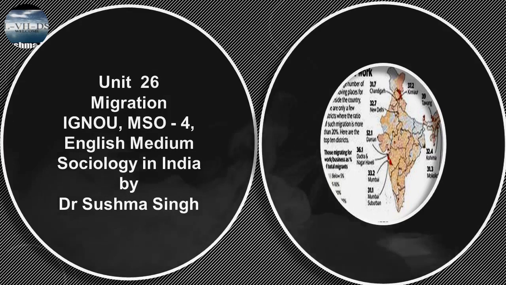Marriages, social insecurity, civil strife, and inter-ethnic conflict are important social factors which influence the decision to migrate. These factors drive people out of their countryside homes.